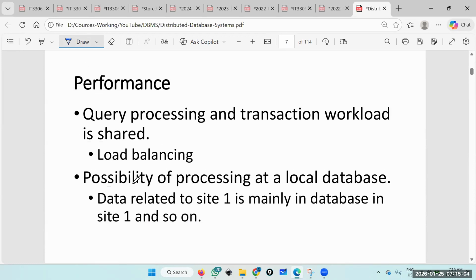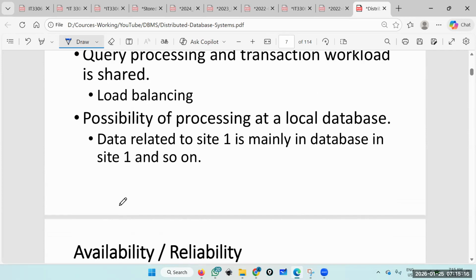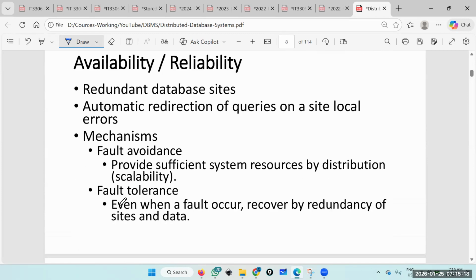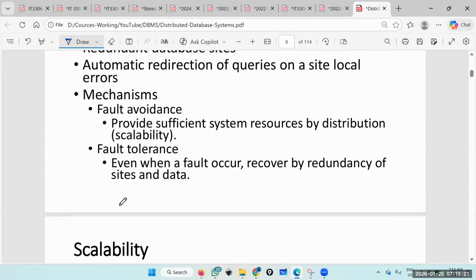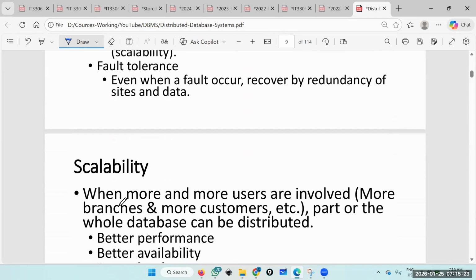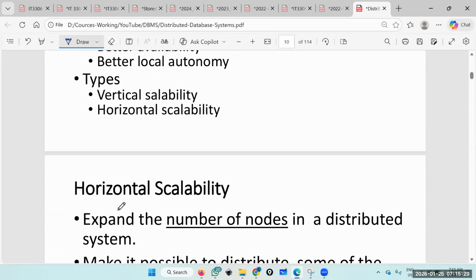So performance, in a way, it can improve it, and also sometimes it can decrease it. But if you use it in the proper context, overall, most probably it will improve the performance. Okay, right? Better availability because of the redundancy, and also when one node is down, still the other node will provide you the data, okay? And so on.